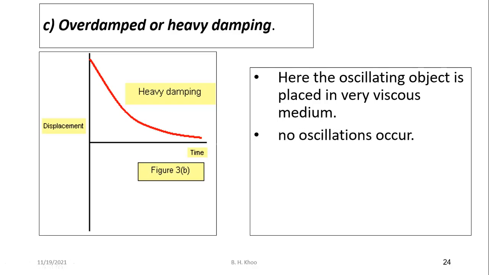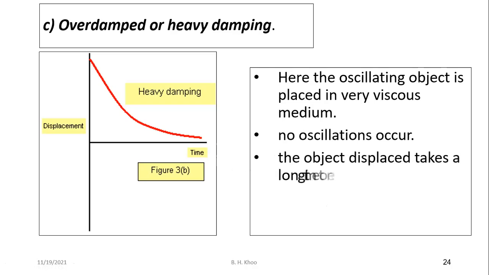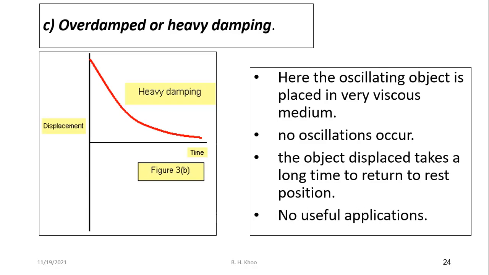Like if you oscillate your mass on a spring or a simple pendulum in glycerin or oil, no oscillation occurs. Your displaced object takes a long time to return to rest position. No useful application. Critical damping has useful application. Heavy damping, no point.